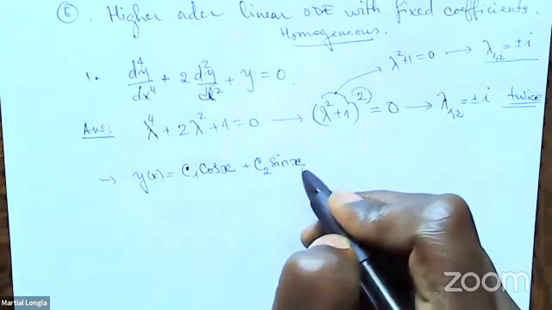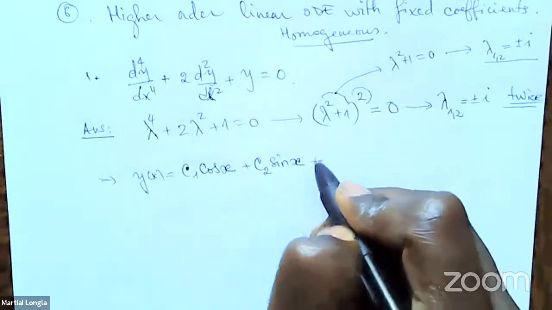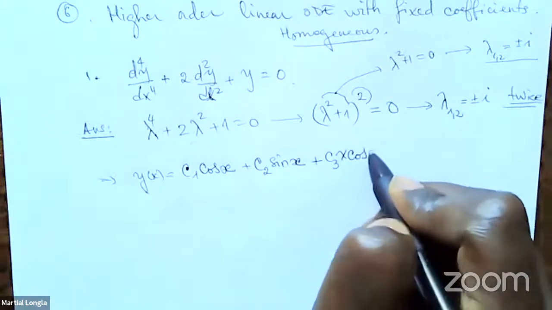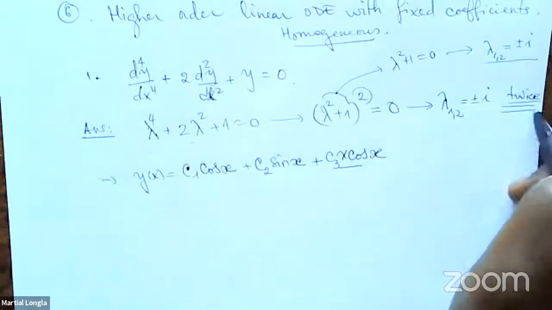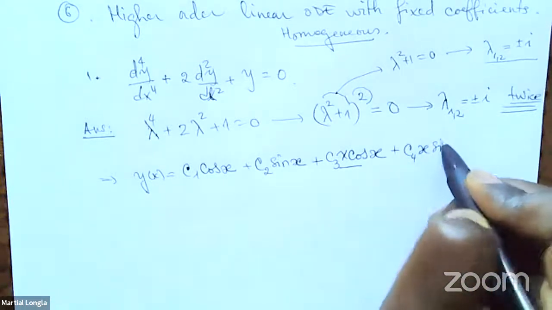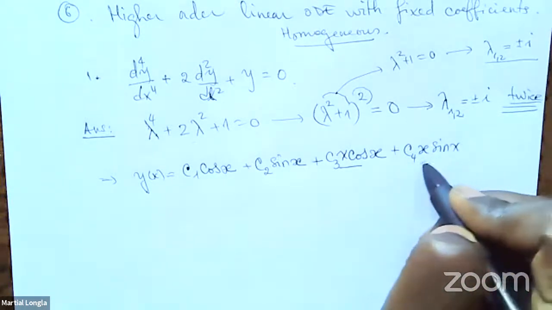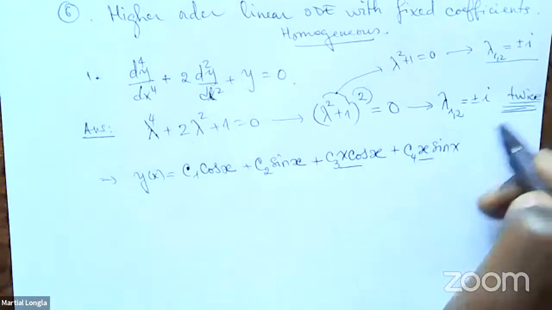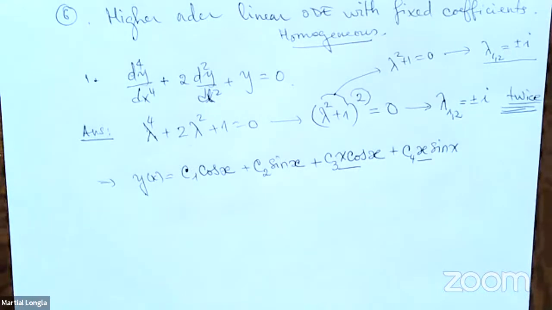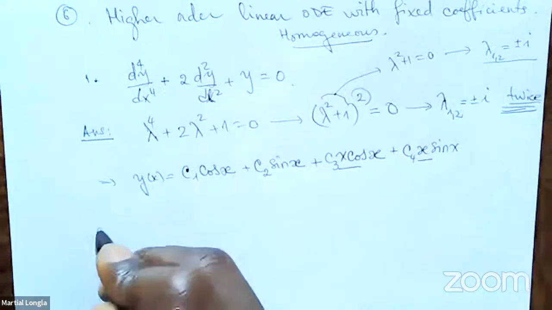Yep, that's fine. And then plus c3 x cosine x plus c4 x sine x. Yep, because of that twice. That's it.